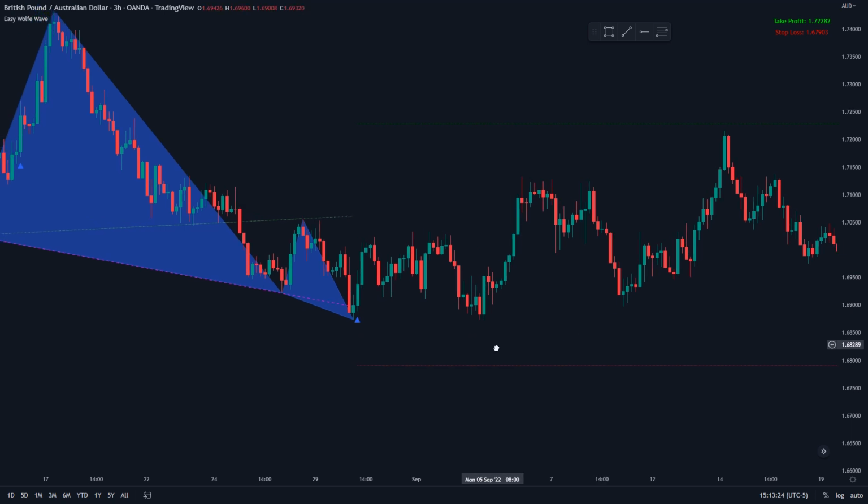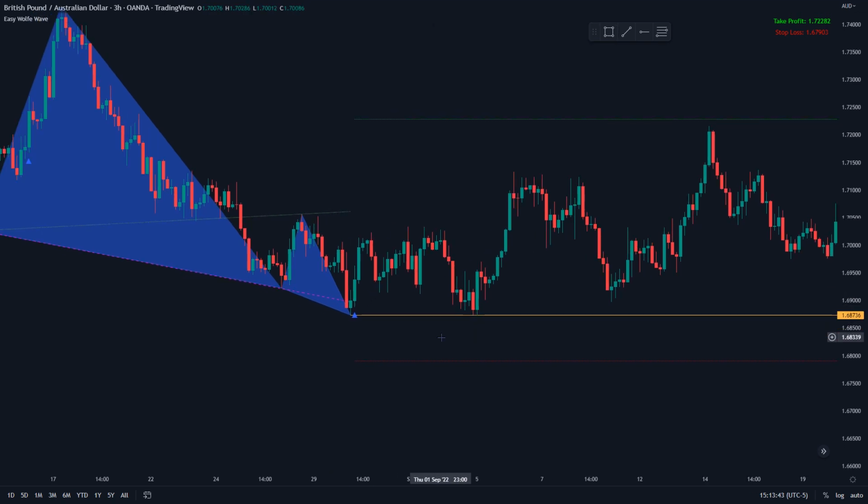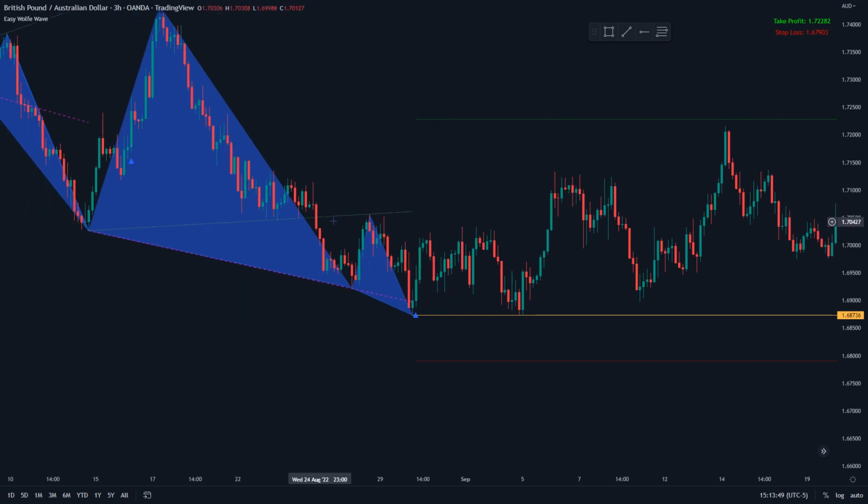So in one sense, as we can see, this low just barely. I mean, if you had your stop a little bit below it, you would not have been stopped out and caught the move. But let's say you were able to get in here, moved your stop to break even, it comes back down. And yes, it does go to this first take profit level with the take profit line extended out.